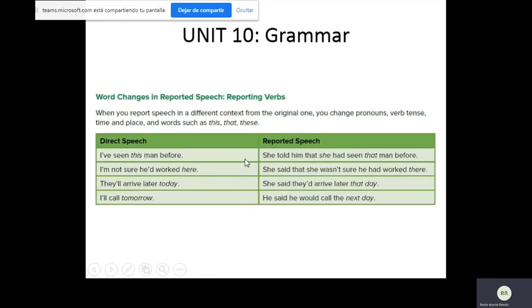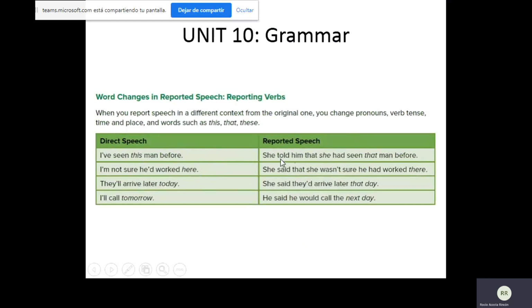Now, there are other ways to use the reported speech, which is, of course, changing the pronouns, the verb tense, the expressions of time and place, as I already explained in the previous slide. So for example, if we have the direct speech, I've seen this man before, we need to change. This is present perfect, so it needs to change into the past perfect. If we have this, the determiner, we need to change it into that, right? And we can also include a reporting verb.